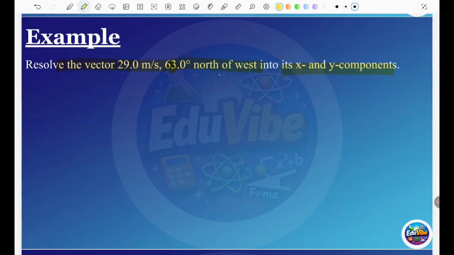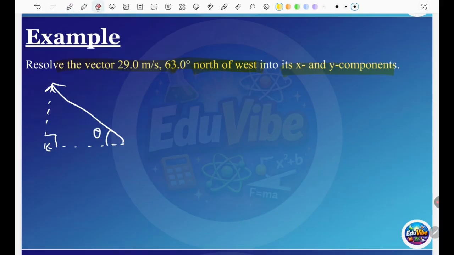Firstly, we have north of west. You know how we make this direction? North is the direction which is like this, and the west direction is where the angle lies. This is the west direction, and this is the north one. This is your angle, theta.